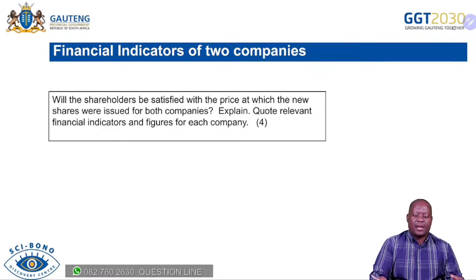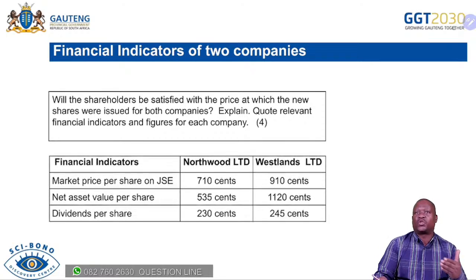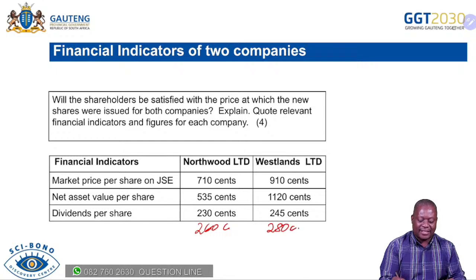Explain. Now, there is something that is happening here. The companies have decided to issue shares, and then they are issuing these shares. This one it's issuing at 260 cents. This one it's issuing at 280 cents.